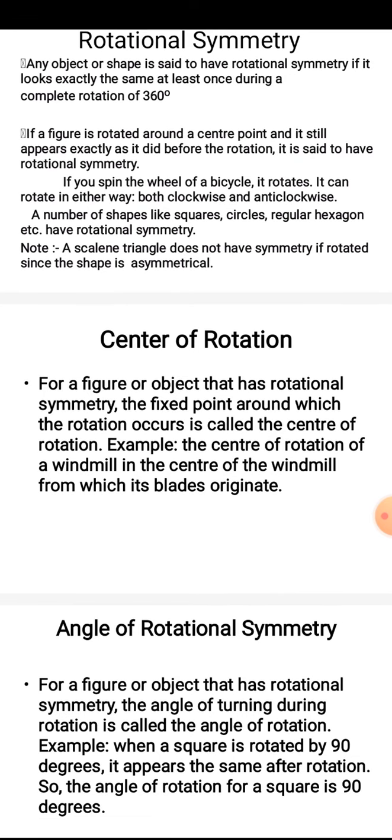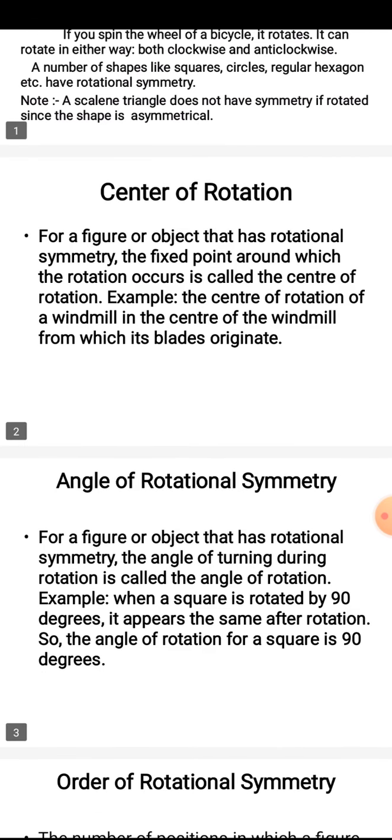Center of rotation. Now, angle of rotational symmetry. For a figure or object that has rotational symmetry, the angle of turning during rotation is called the angle of rotation. For example, suppose you are rotating a square by 90 degrees, then it looks exactly the same.